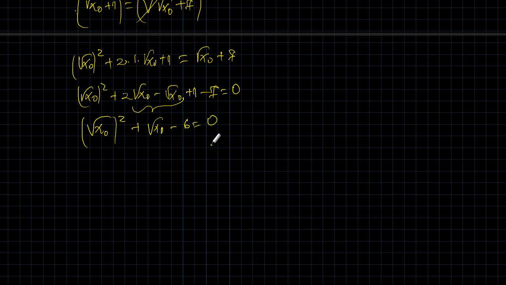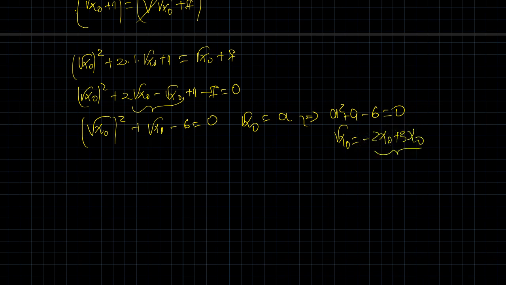If you see here, you can make a substitution considering square root of x0 equals a. Then you'd have an equation like a squared plus a minus 6 equals 0, and you can solve it. But what I'm going to do is write the term square root of x0 as minus 2 square root of x0 plus 3 square root of x0, because this is the same. Two numbers that multiply to give me minus 6 are minus 2 and 3, and the same numbers added return 1.